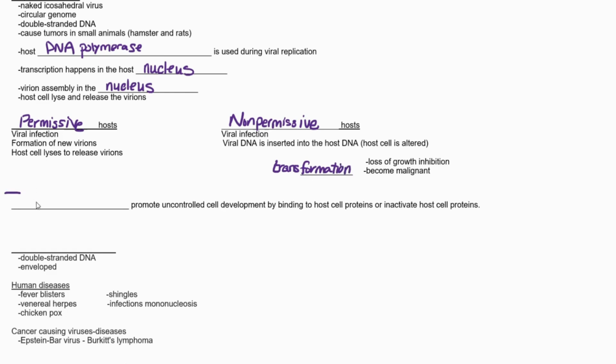And then the tumor cell-induced proteins promote uncontrolled cell development by binding to the host cell proteins or inactivating the host cell protein. So it's tumor cell-inducing proteins.